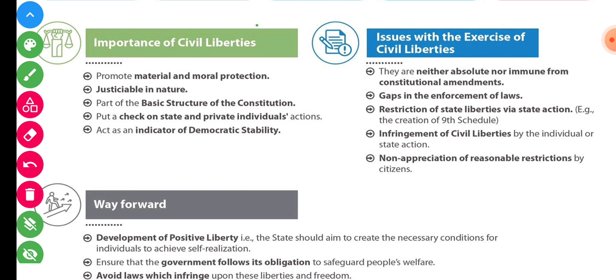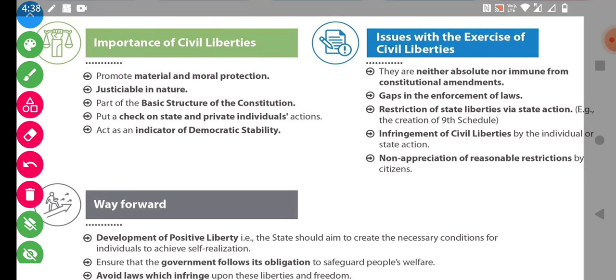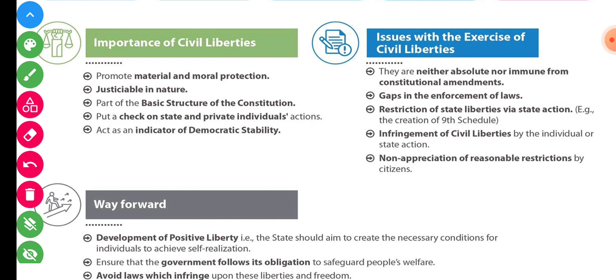And what is the importance of civil liberties? Civil liberties promote material and moral protection, and civil liberties are justiciable in nature, part of the basic structure of the constitution. These civil liberties are part of the basic structure of the constitution, which cannot be abrogated by parliamentary amendment.